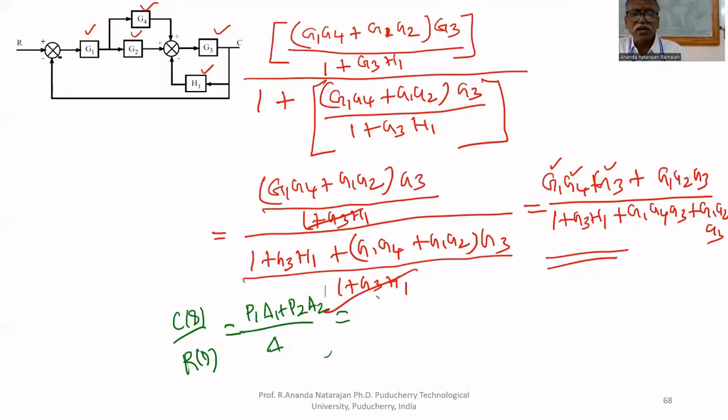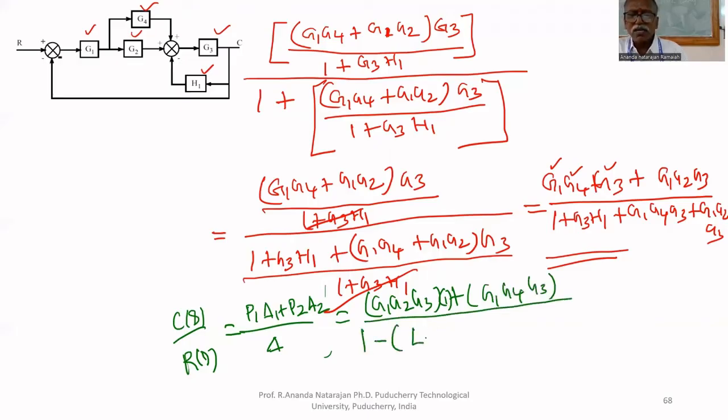P1 equals G1, G2, G3, plus P2 multiplied by delta 2, that is 1, where P2 is G1, G4, G3, upon delta, 1 minus L1 plus L2 plus L3.